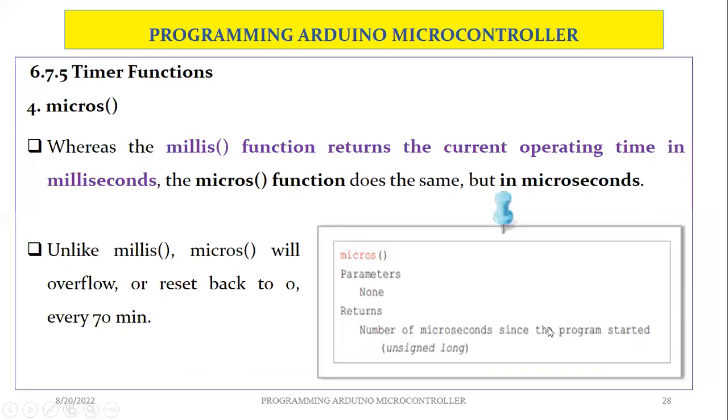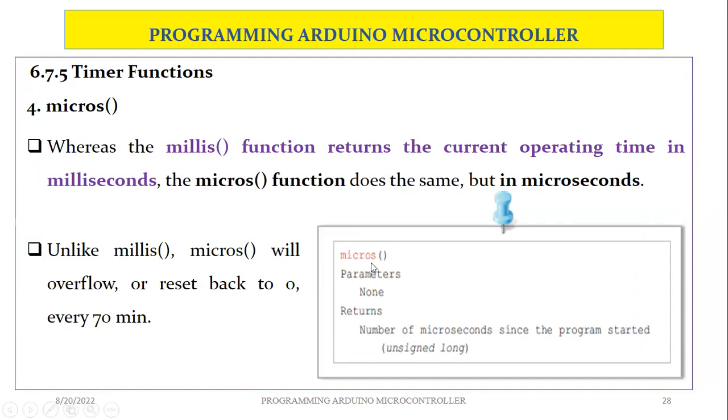There are some situations where we may want to check for how long the Arduino microcontroller has been running, but using a smaller unit of time. So instead of using the millis function, which of course takes 50 days to reset, we can use the micros function. The micros function will reset far earlier, like every 70 minutes, it will overflow back to 0.